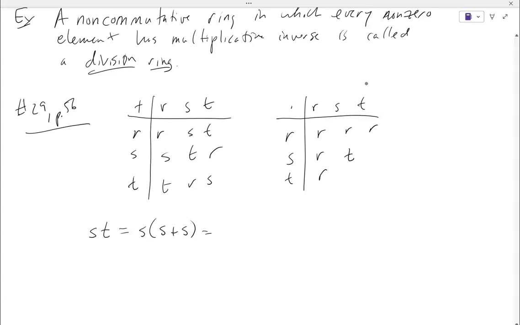How can we rewrite that? Yeah, S times S plus S times S. And then we get T plus T. Good, because we know in the multiplication table that S times S is T. And then T plus T is S. Good. So I know that S times T is S.